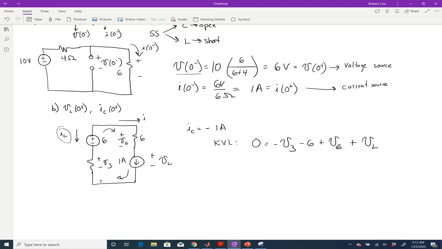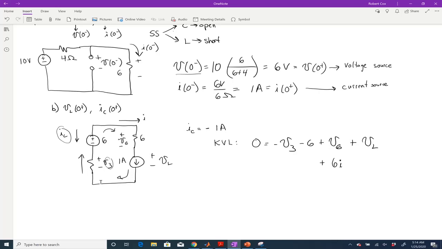Now what I need to do is to use my Ohm's law to replace V3 and V6. Let's do that. So V6 I'll do first. For V6, I have a current flowing into the plus terminal, so I write that as 6I. Now in the case of my 3 ohms right here, my actual current is flowing into the minus terminal and out of the plus terminal.